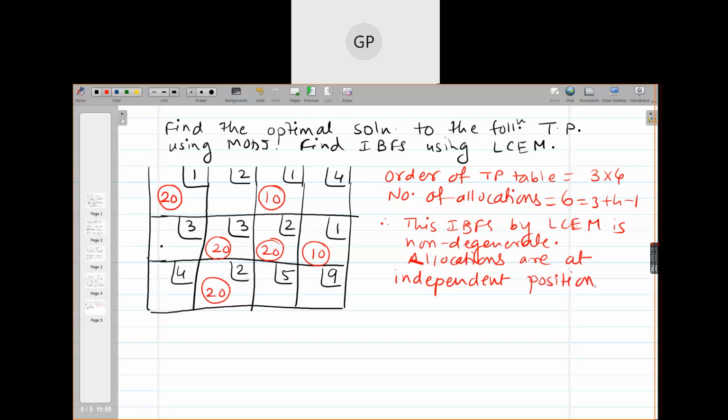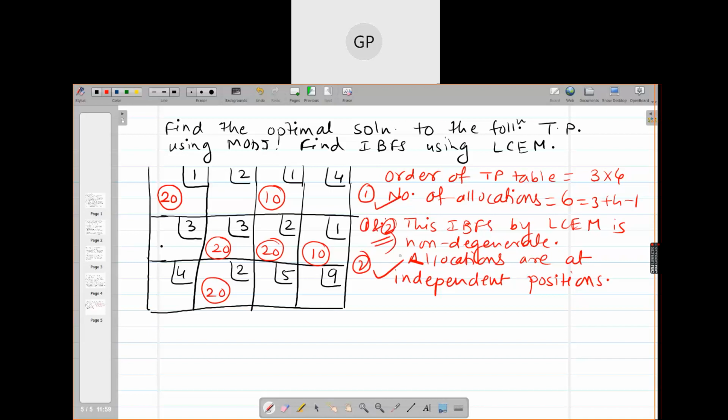Okay, so both the conditions of a non-degenerate solution are satisfied: that number of allocations is exactly m plus n minus 1 and the allocations are at independent positions. Because of 1 and 2, this is a non-degenerate IBFS.